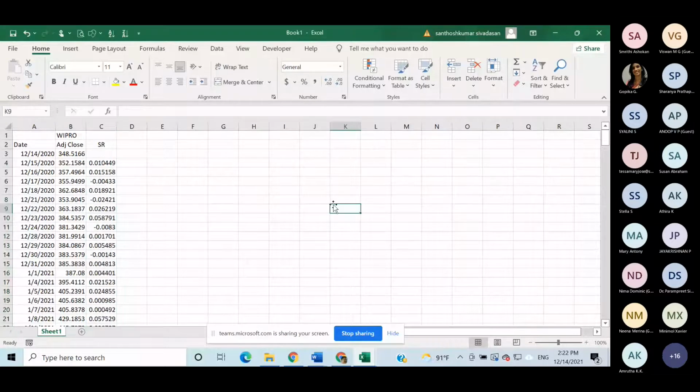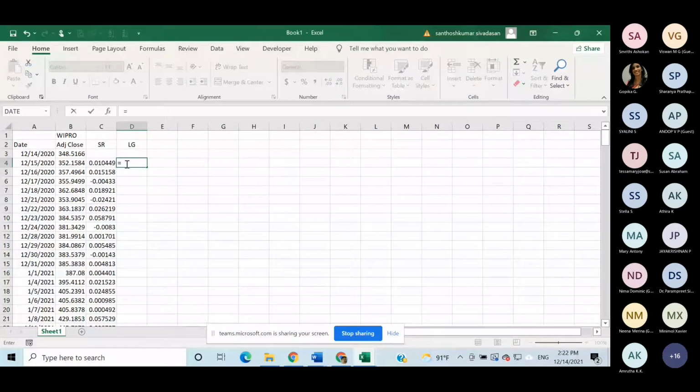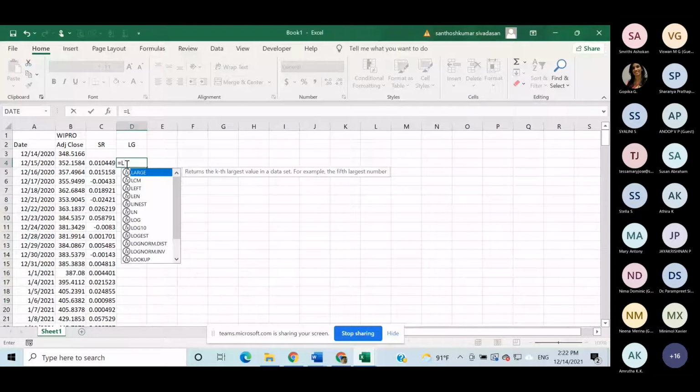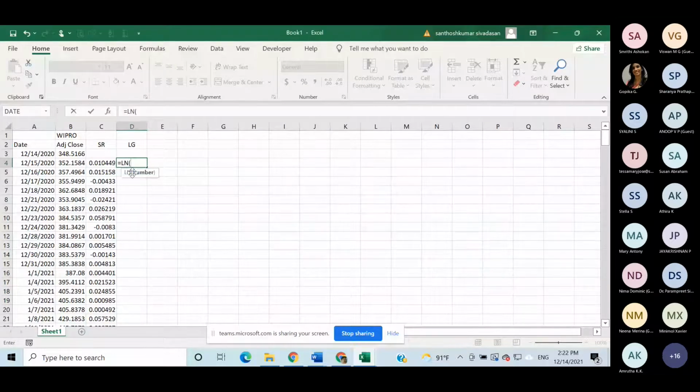And there is another computation which we call log return. It is a natural logarithm of these returns. So how do we compute it? To find the natural logarithm of a number, use ln: give the number and it will give you the natural logarithm.